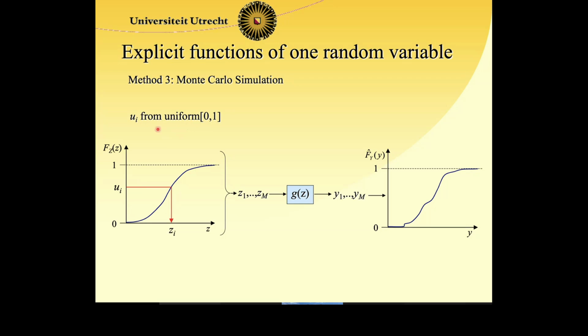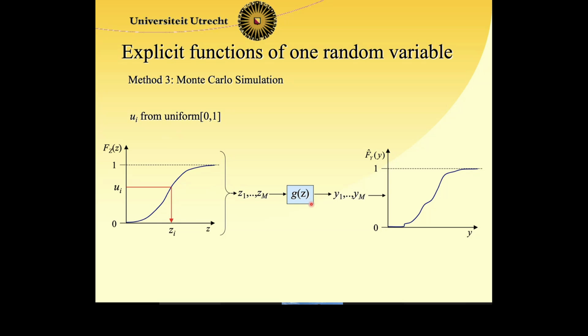So a random number between 0 and 1. These are actually quantiles that you simulate, and then you can get the associated value of z. So you repeat this 1,000 times. Then you have 1,000 different values of z that are all equally likely realizations of this random variable z.